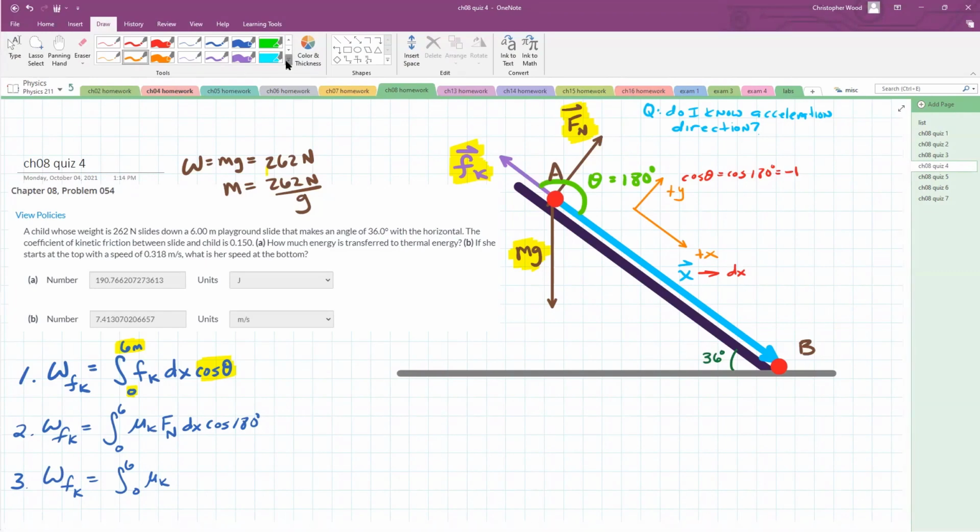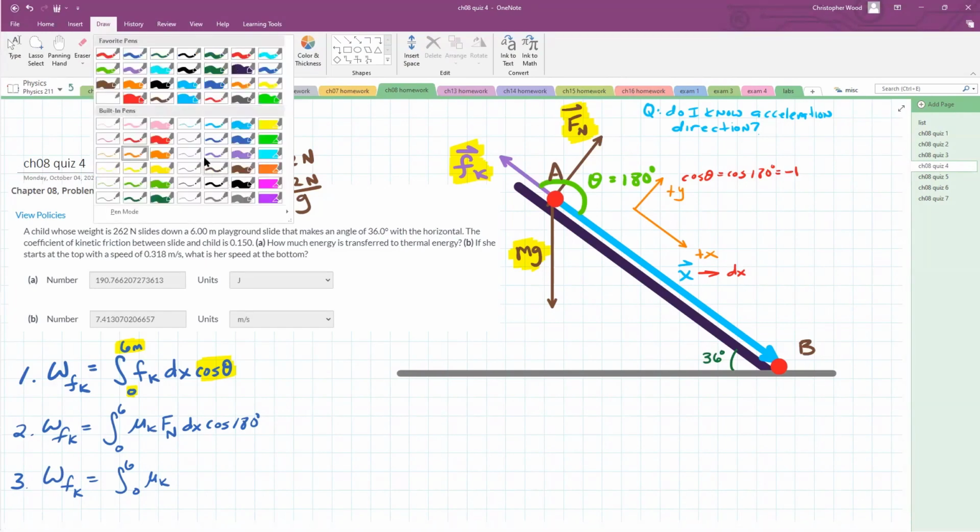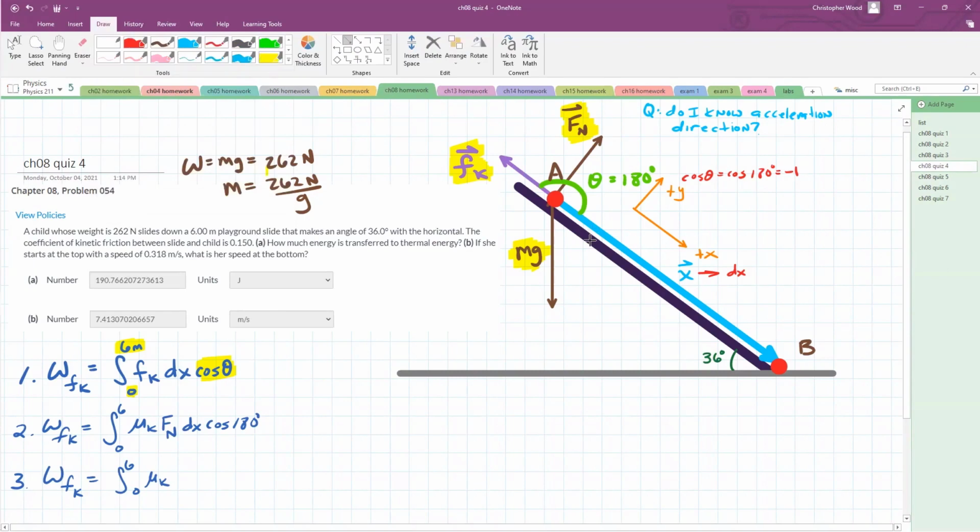I'm going to decompose my weight force. So this would be the x component of the weight force. Would it be? Yeah. Okay. This would be the y component. I'm going to do a little adjusting.